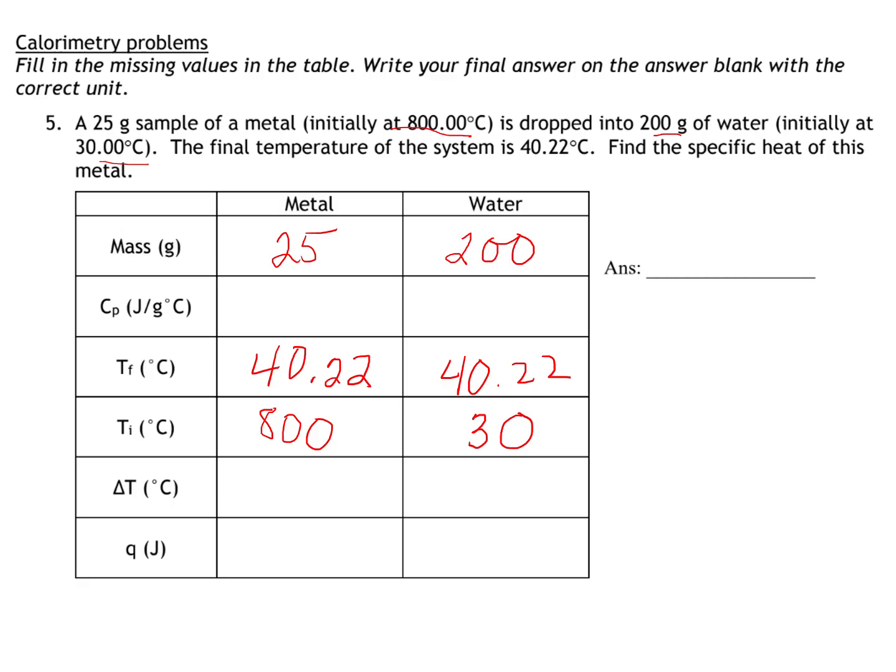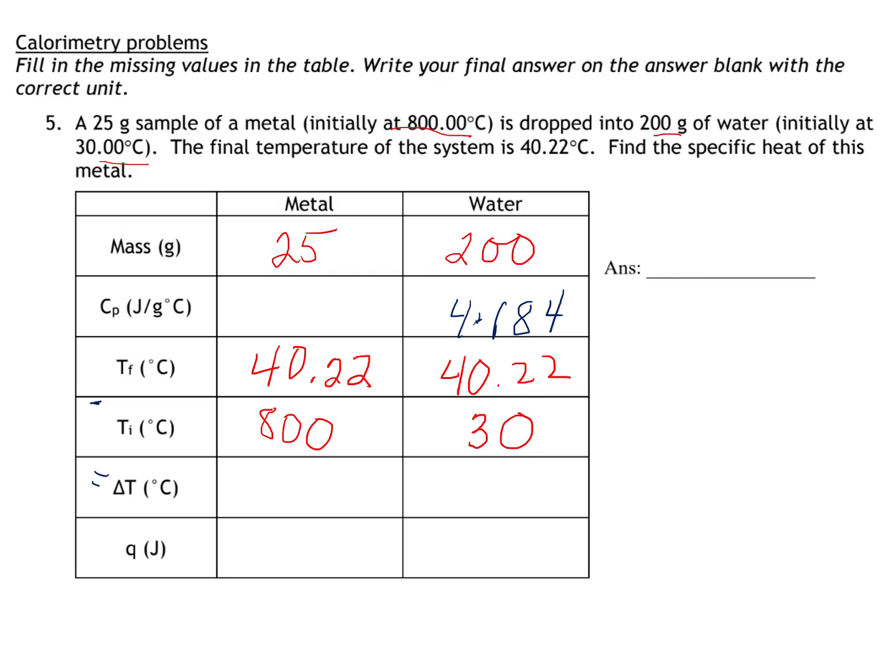All right, so now we're ready to do some calculations. I'm going to switch colors. So the Cp for water, like I said, is very well known, 4.184. Our temperature change is always going to be final minus initial.